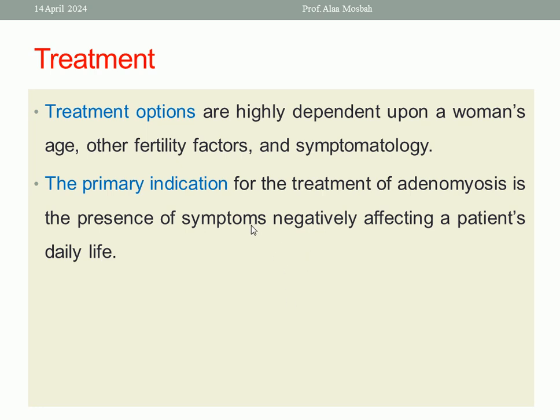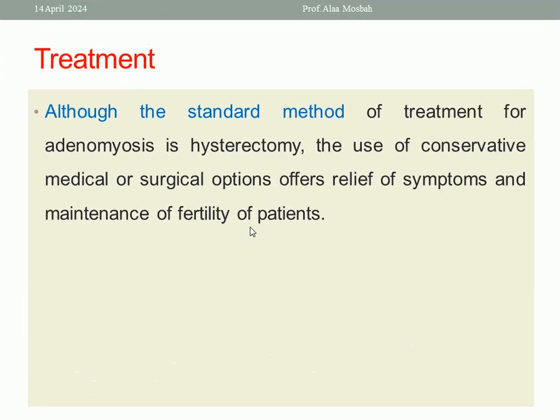The primary indication for the treatment of adenomyosis is the presence of symptoms negatively affecting the patient's daily life. Although the standard method of treatment for adenomyosis is hysterectomy, the use of conservative medical or surgical options offers relief of symptoms and maintenance of fertility of patients.